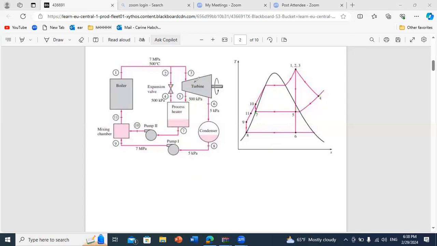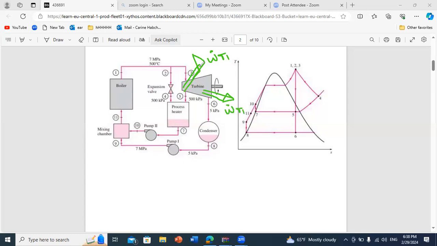So here you have two stages of expansion. So you have W dot turbine 1, and you have W dot turbine 2. And of course, you know how to calculate them.